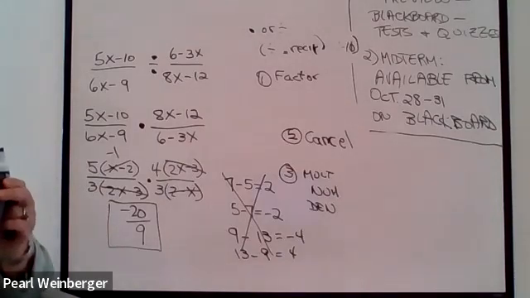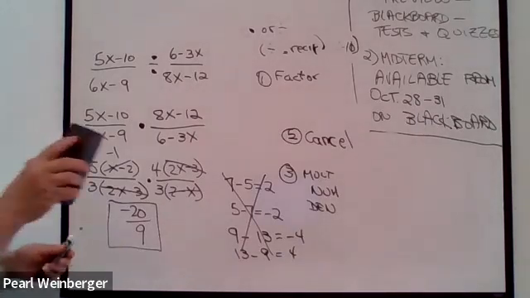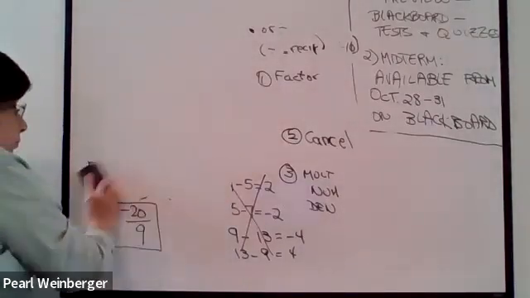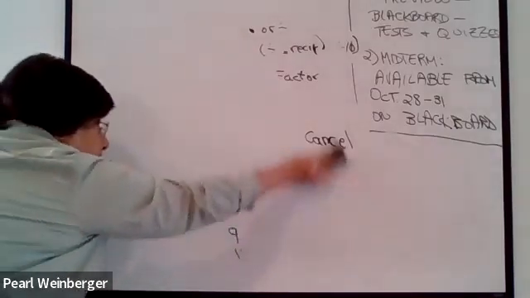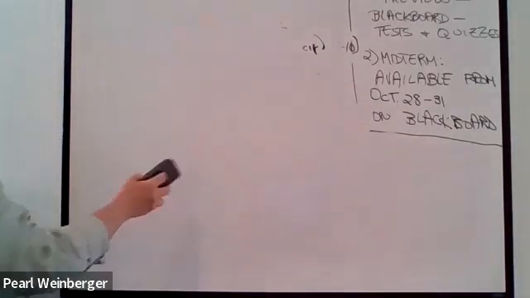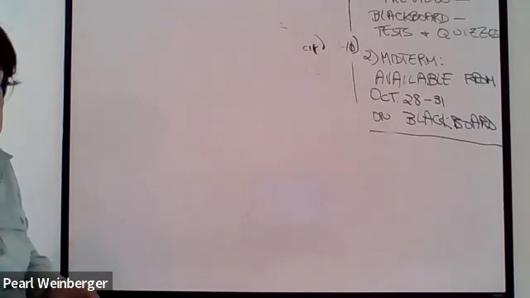Let's just get started on the next topic, which is adding and subtracting of fractions. And just like I did with the multiplying and dividing, where I demonstrated with just plain numbers, I'm going to do that with adding and subtracting.